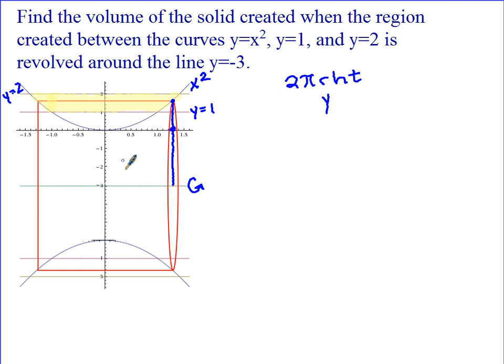And if it goes all the way down to here, if this is y, this is 3 more, right? It's almost like y minus minus 3, or we could think of it as y plus 3, right?